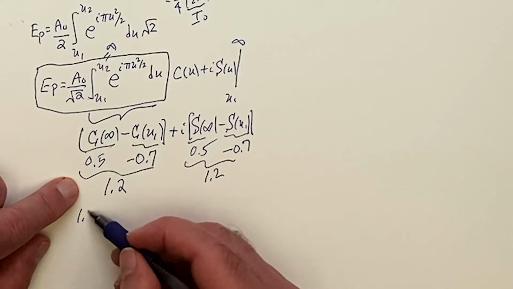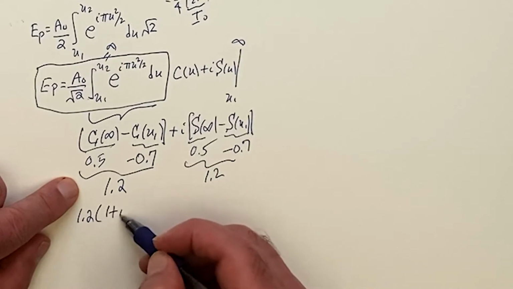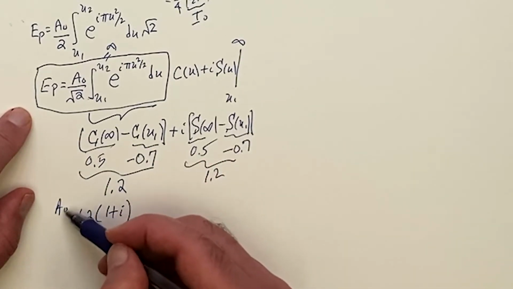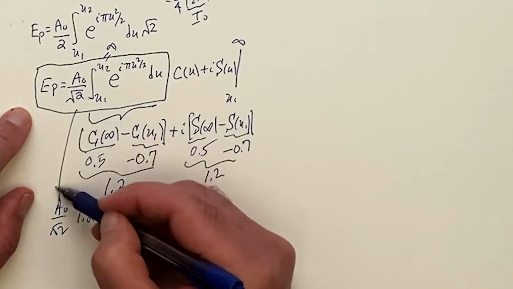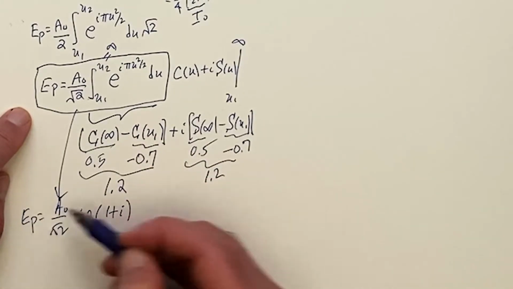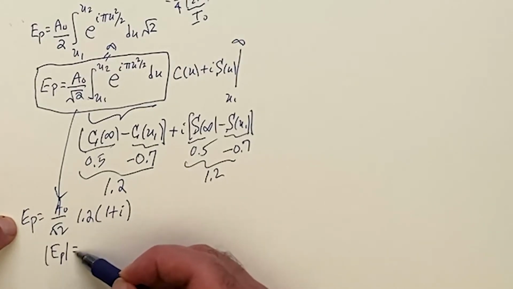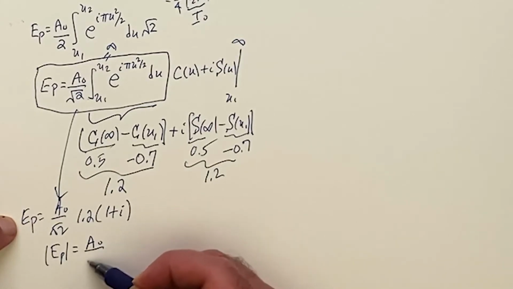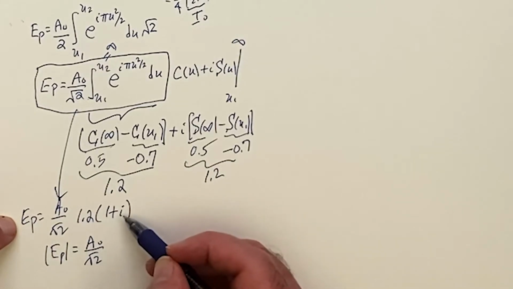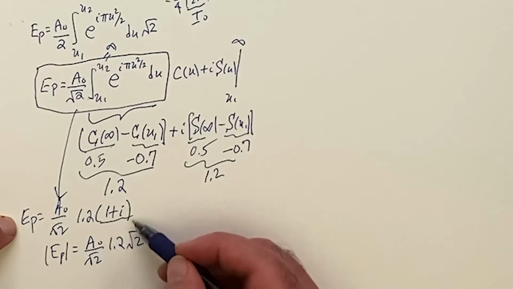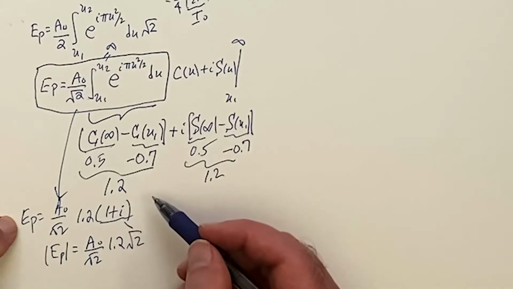So you're going to have 1.2 times (1 plus i), and here you're going to have your A naught over square root of 2. That still stays there. And then when you go to do the modulus, we're going to have A naught over the square root of 2, and the modulus of the 1.2 would stay there, and you would pick up a square root of 2.